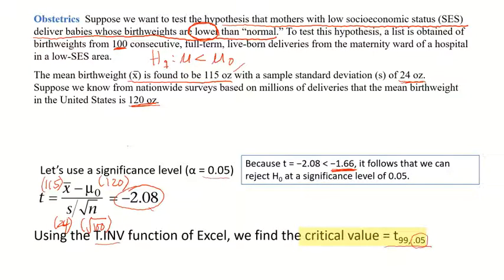Take note that our sample mean, converted to a t-score, is negative 2.08, and that is less than the t value at 99 degrees of freedom and 0.05 percentile, which is negative 1.66.